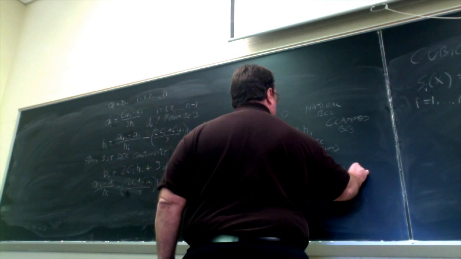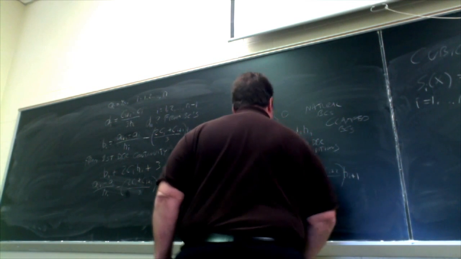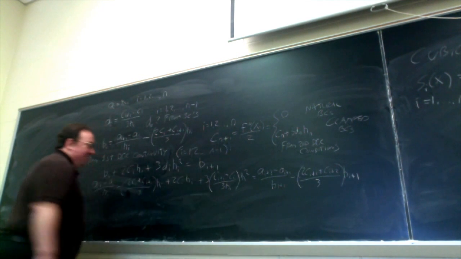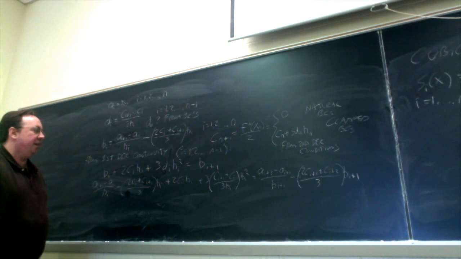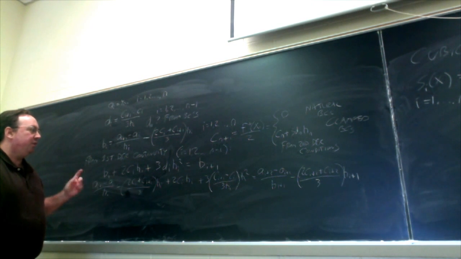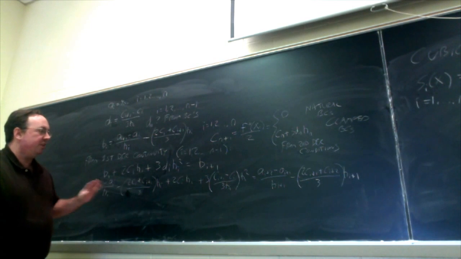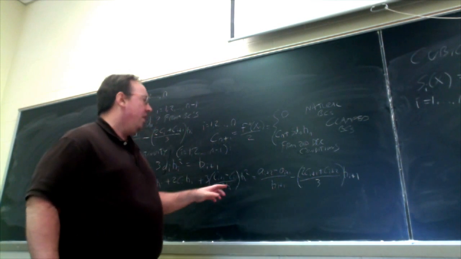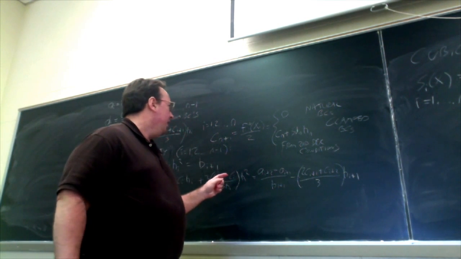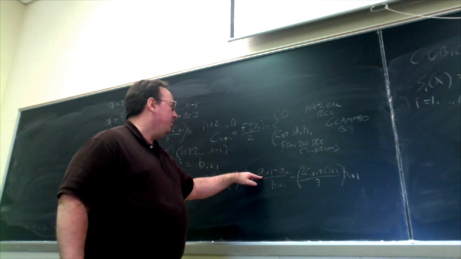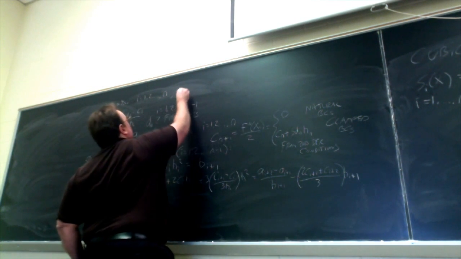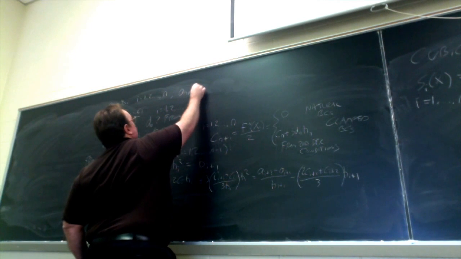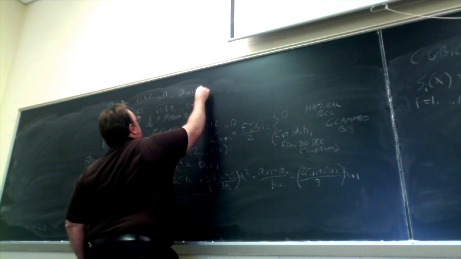Man, this is awful. And now keep in mind, i is going up to only n minus 1, so the largest indices we can possibly have in here are n plus 1. Now, a_{n+1}, we know what that is, because a_{n+1} is equal to y_n.